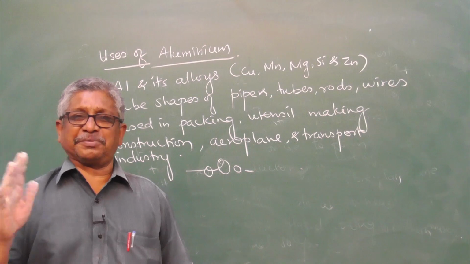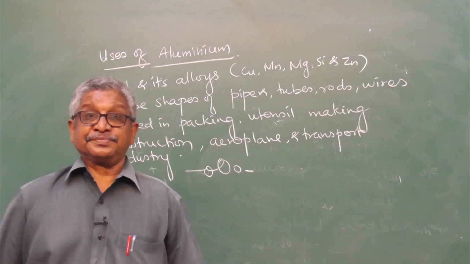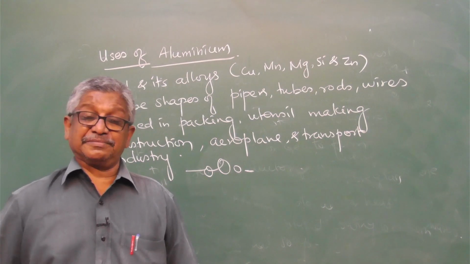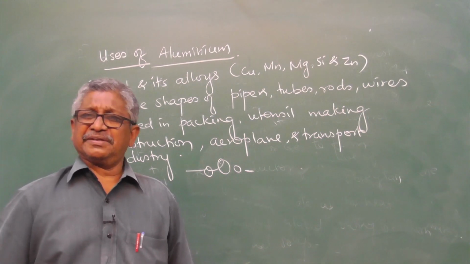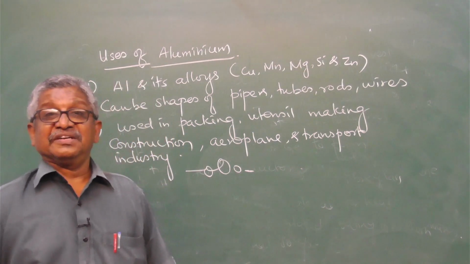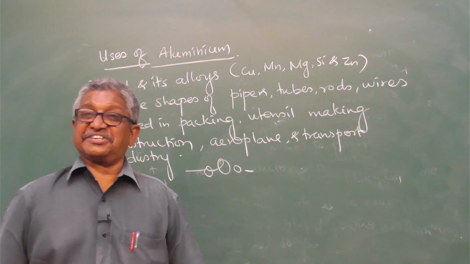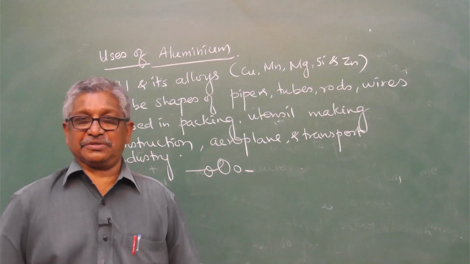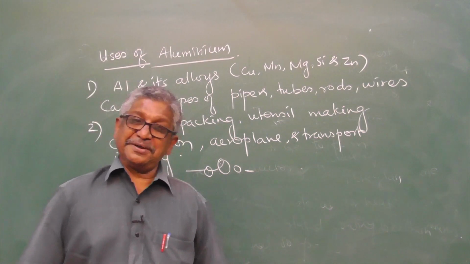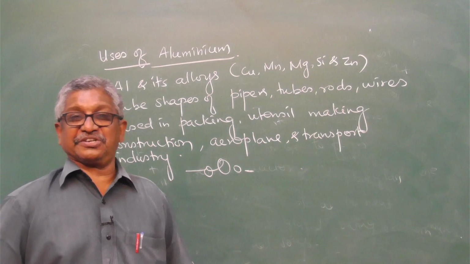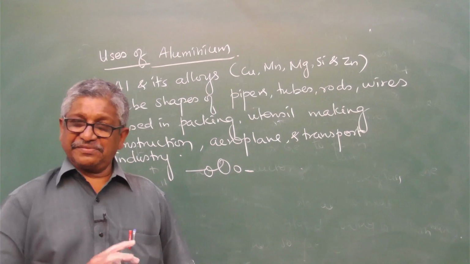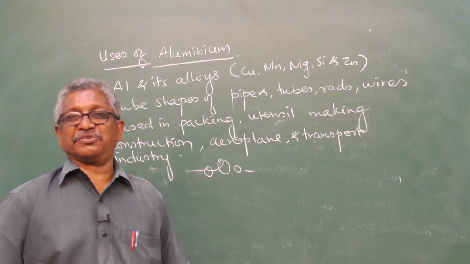Carbon is a constituent of organic compounds, silicon of inorganic compounds. So carbon plays an important role in organic chemistry, and silicon in inorganic chemistry.